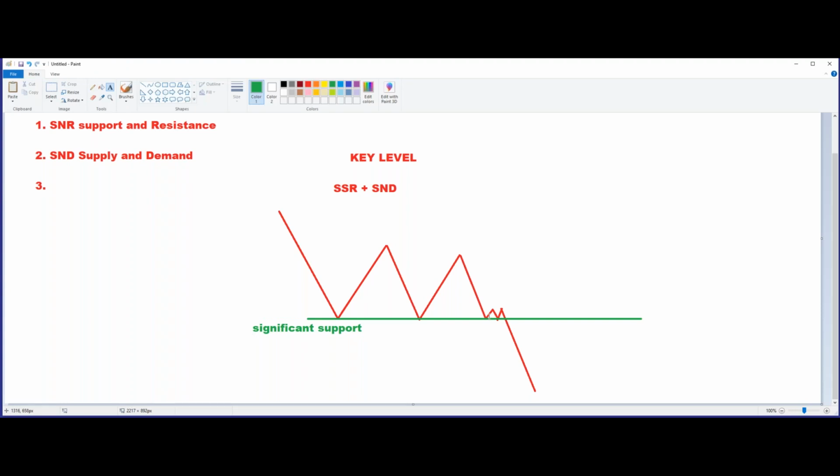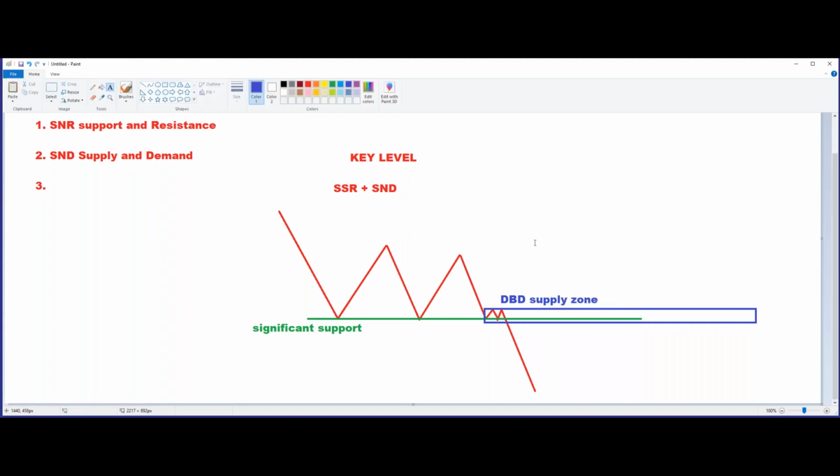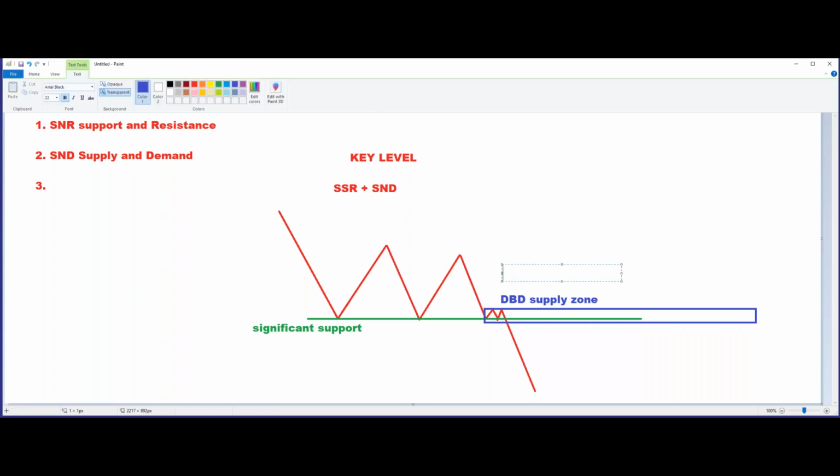And then at the end of the significant support, at the rightmost corner, we have a drop base drop, or supply zone. So when the price breaks it, you know already that this supply zone is very important, because it managed to break the significant support.